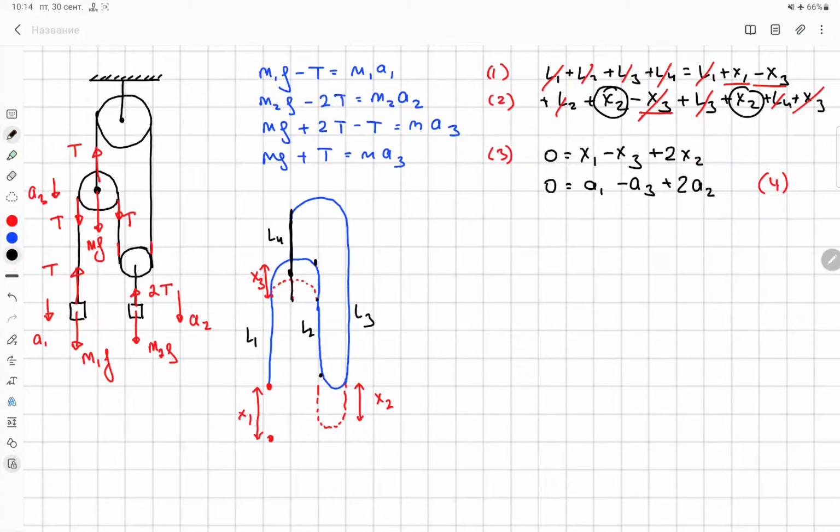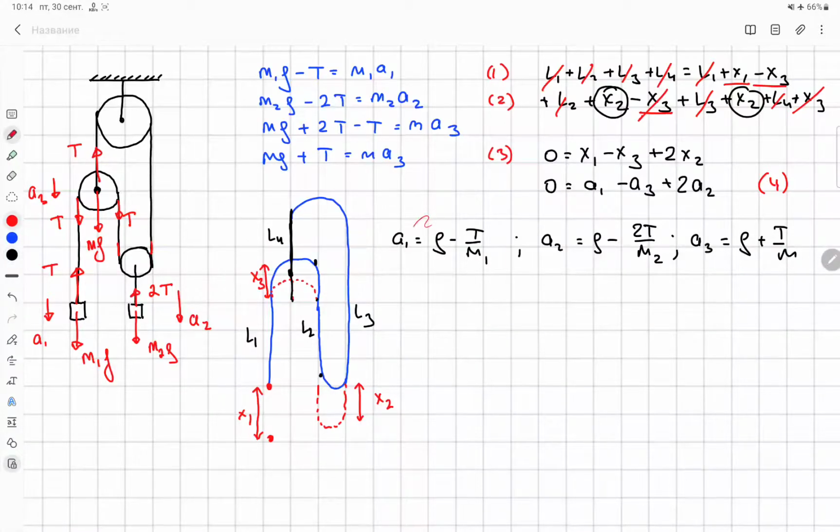So from equation number 1, a1 equals g minus T over m1. From equation number 2, a2 equals g minus 2T over m2. From equation number 3, a3 equals g plus T over m.